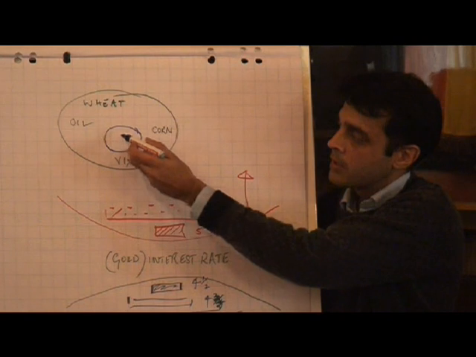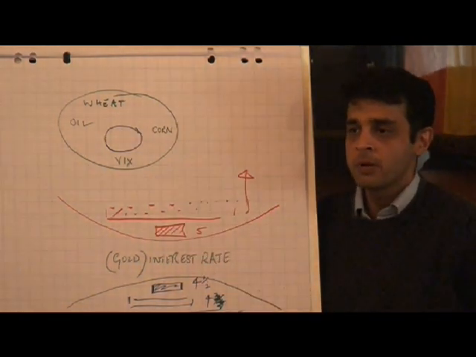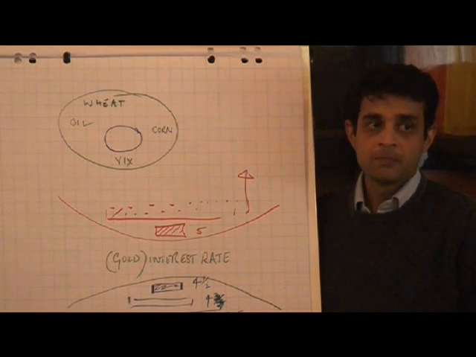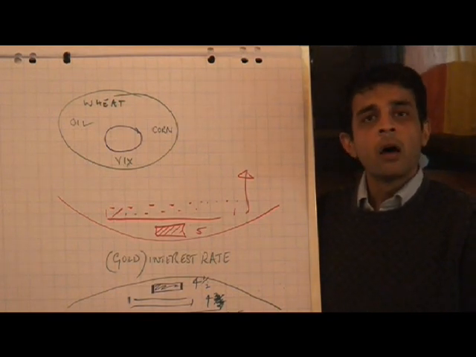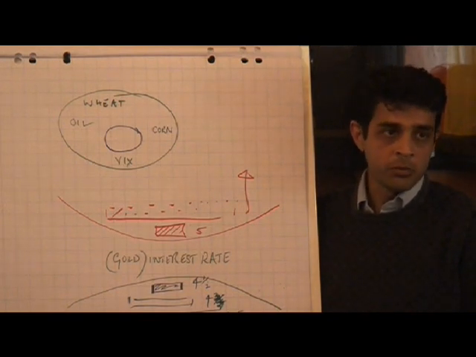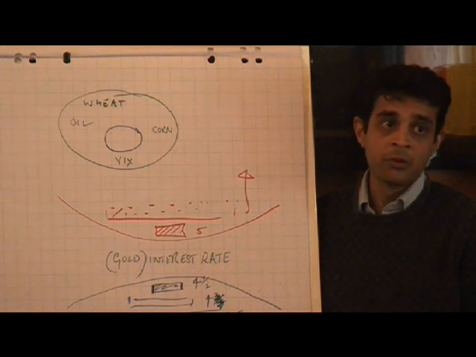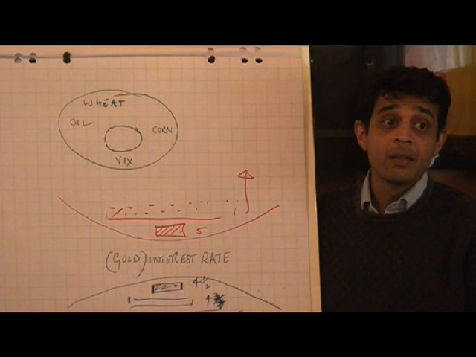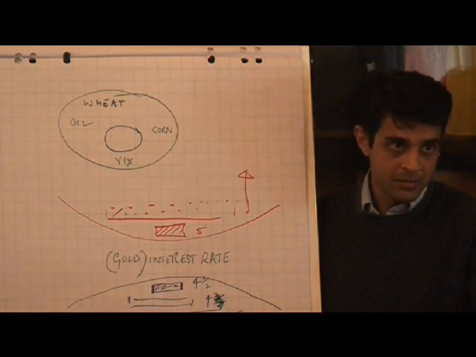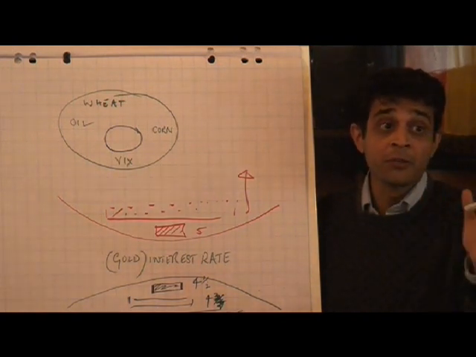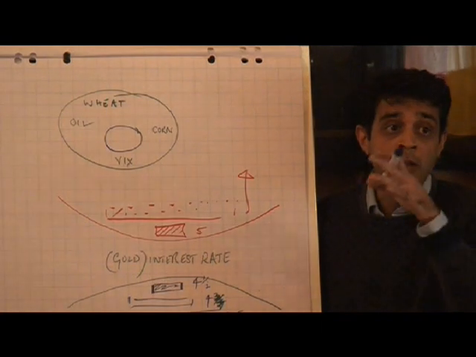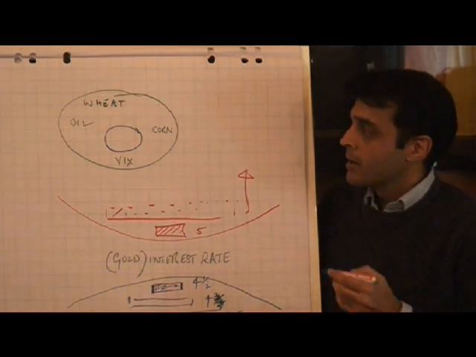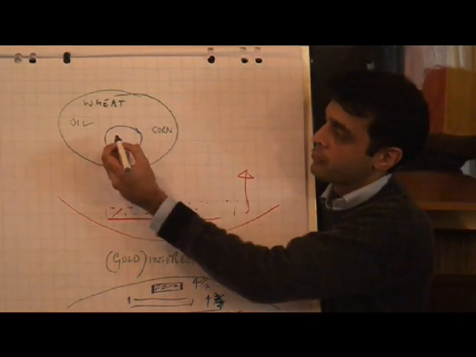Can anyone think of anything else apart from platinum that might be in here? It's only perishable things. If it is perishable, it cannot be lent. If it is non-perishable, it can be lent. Oil is non-perishable, but there's no lending market for it. Tankers might be lent, but oil itself, there is no borrow and no leasing market. The kind of things which are in here are very restricted.